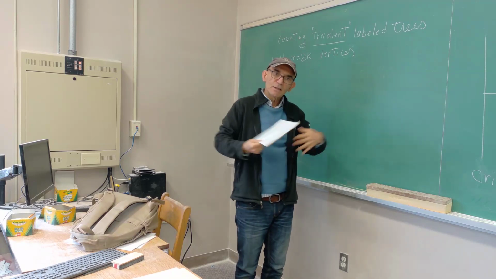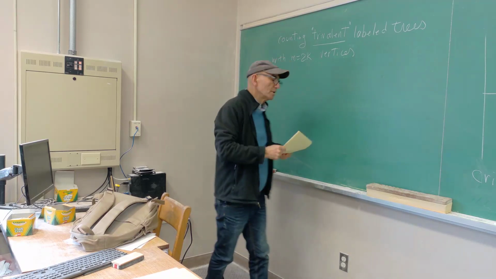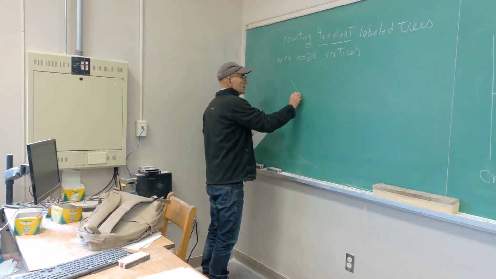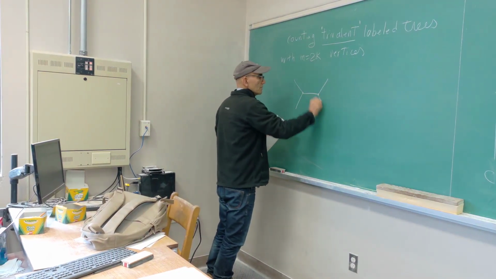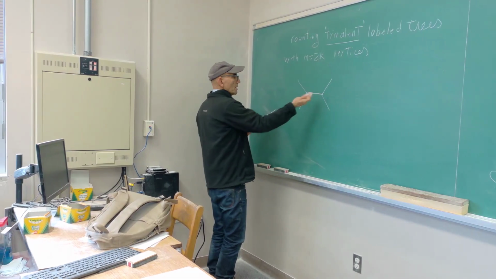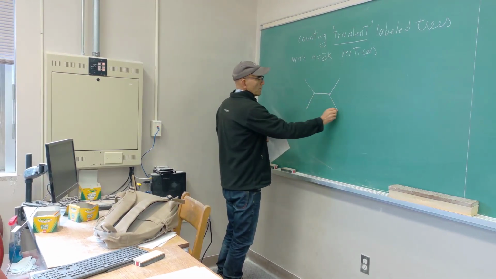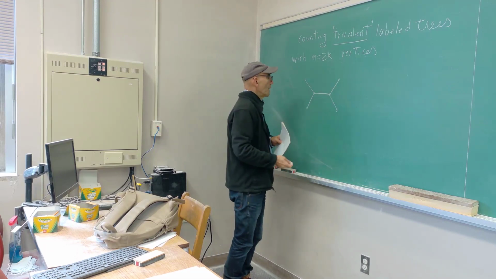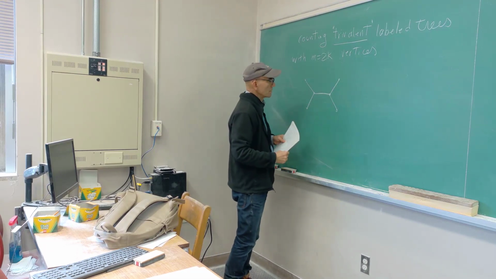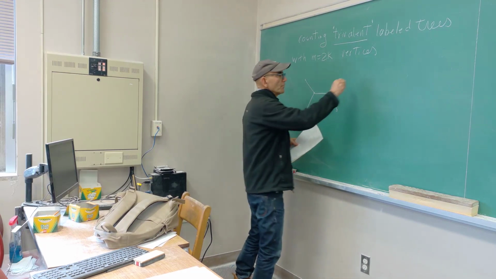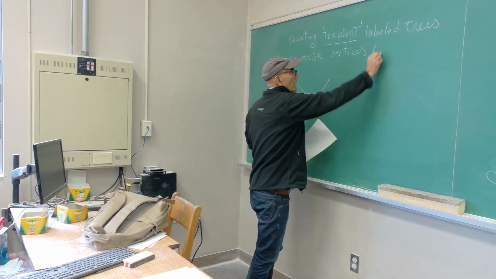But the internal ones are trivalent. An example of this is like this, for example. Okay, so this is one example. Yeah, that's a tree. Yeah, that's trivalent.